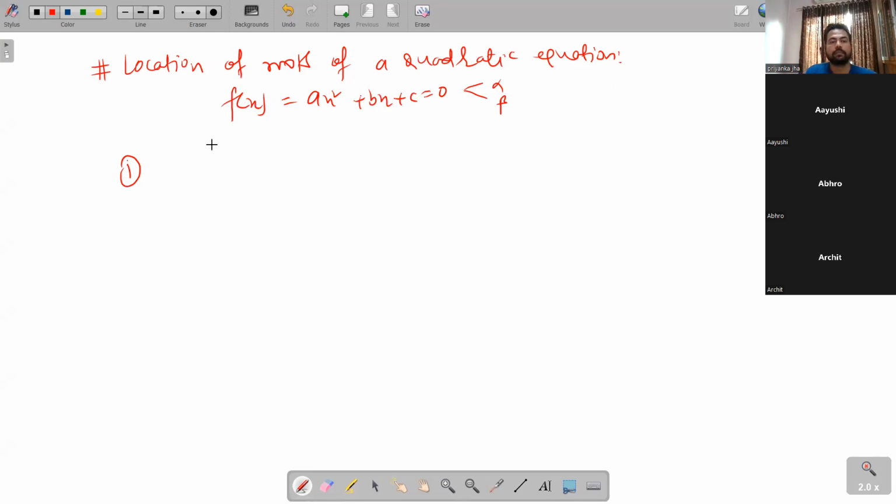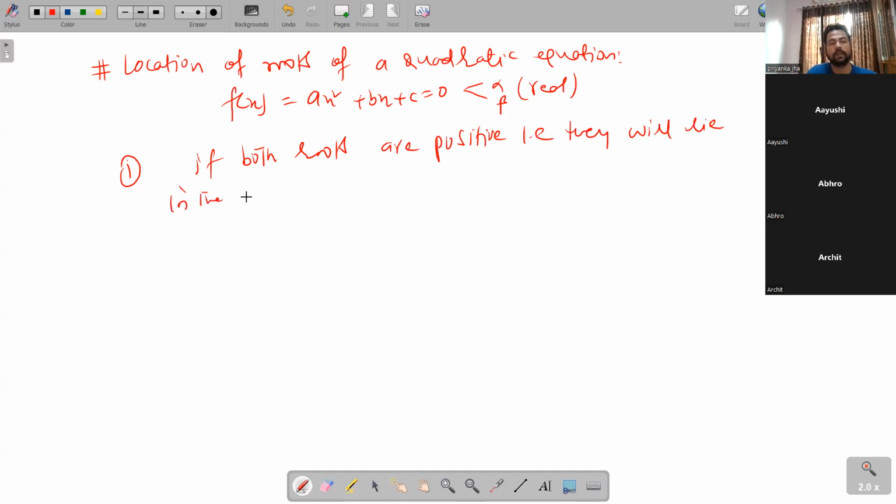So the first condition will be if both roots are real and both roots are positive, meaning they will lie in the interval 0 to infinity.